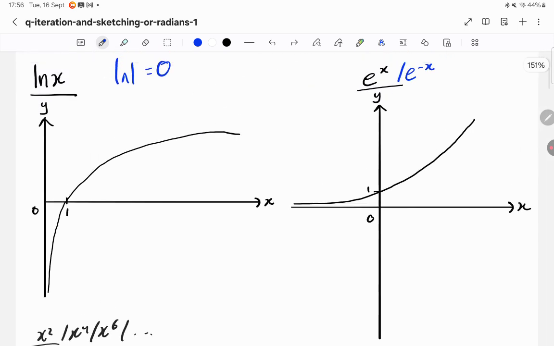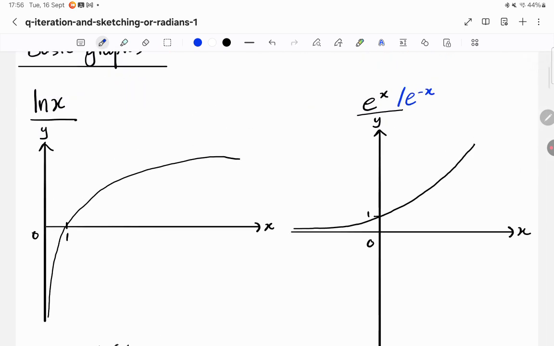Okay, so primarily for ln x, you will intersect the x-axis at 1. However, like I said, my graph here isn't very accurate, but ln of e gives you 1.